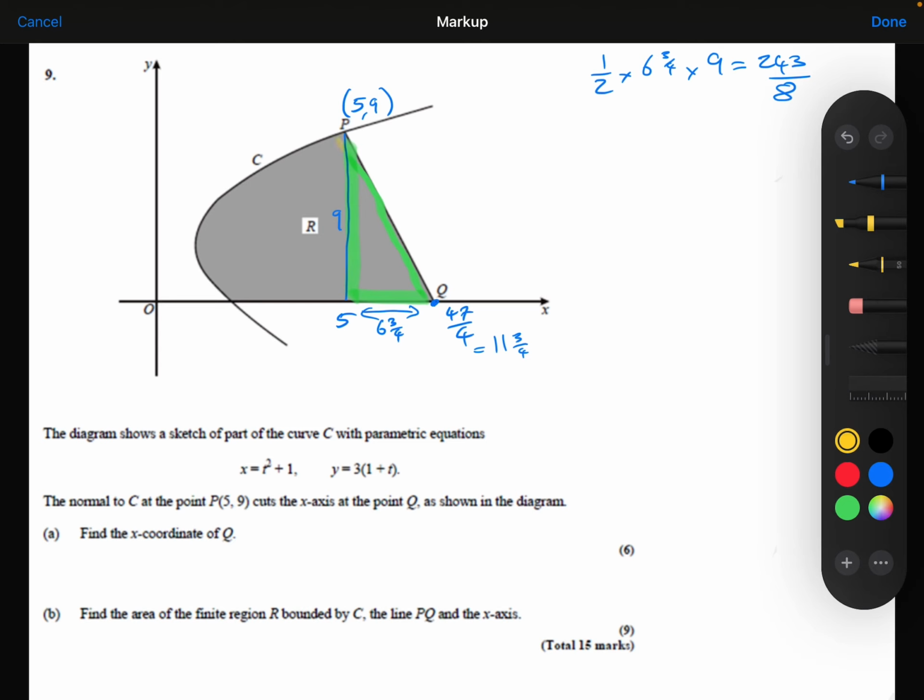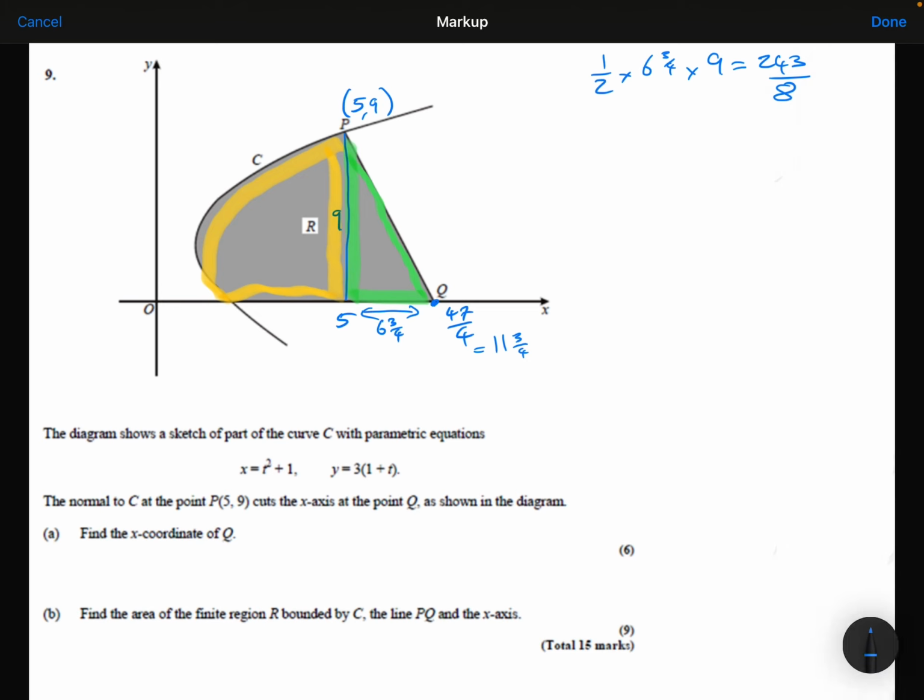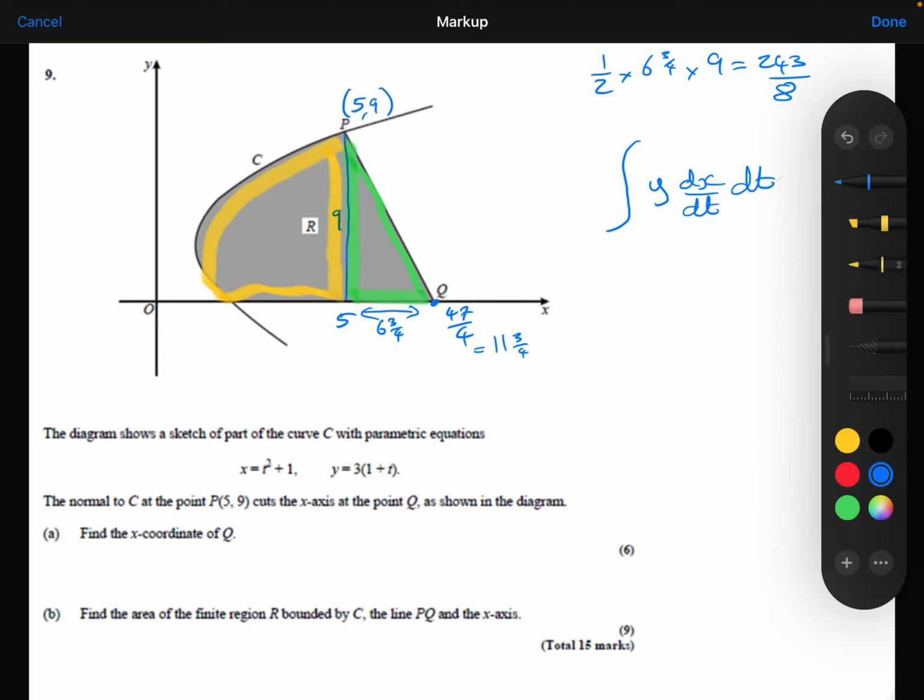Let's now move to the yellow shaded area that we're going to find by integrating. Because we're integrating parametrically, we need to do the integration of y times dx by dt. Now our limits, we need to figure out what the t limit is here.